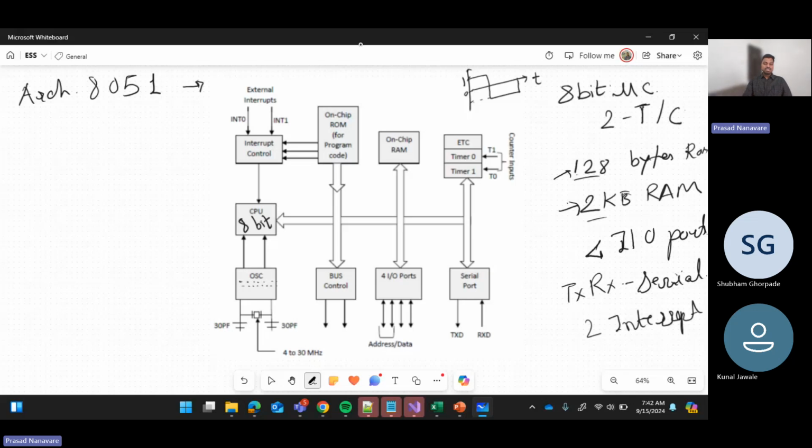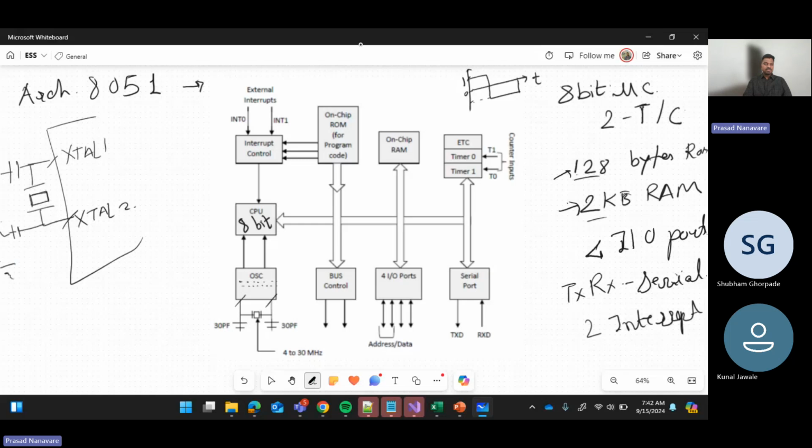The circuitry is done in such a way that there are two pins in the controller, and in between those two pins, suppose this is our controller, these are those pins. This is how it will look in the circuit diagram: two capacitors of a minimum 30 picofarad, and then we ground it like this. So this is how this crystal is connected.